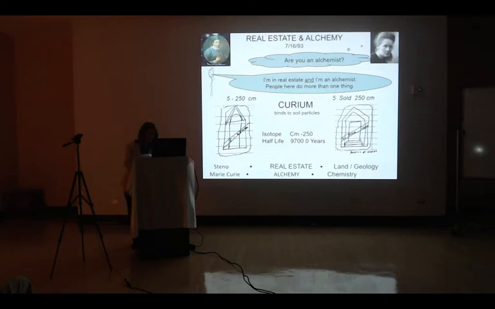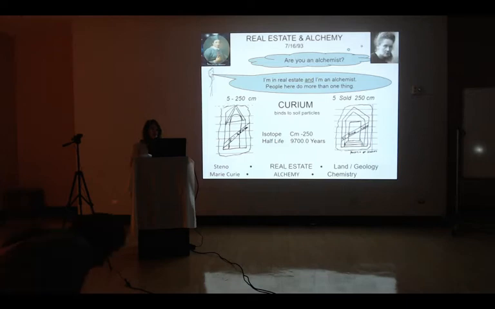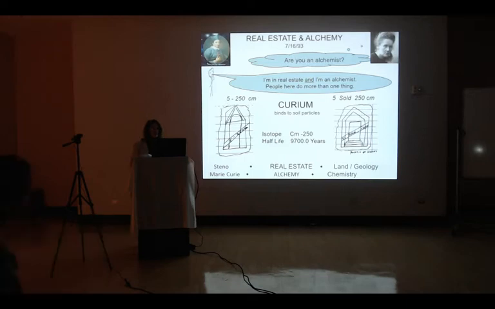The drawings you see on the left and on the right were as they are here, but the word curium had not developed because I didn't even know what CM was. I only learned that it is curium, which is an isotope, half-life of 9,700 years.